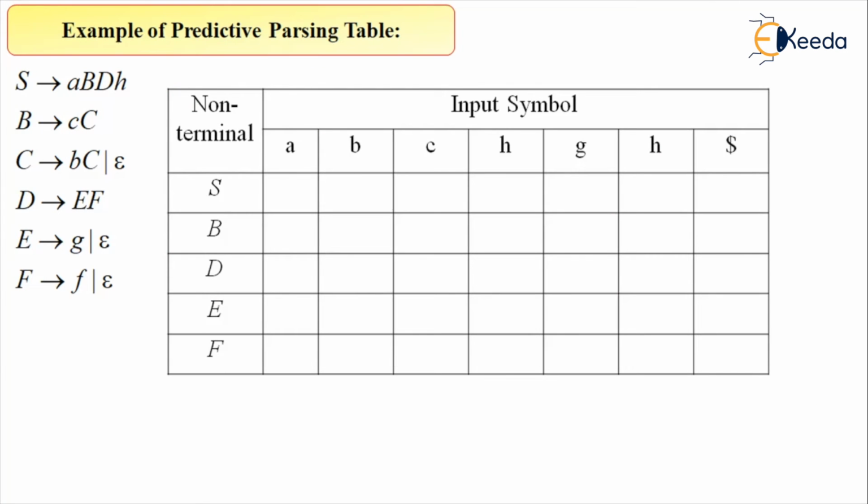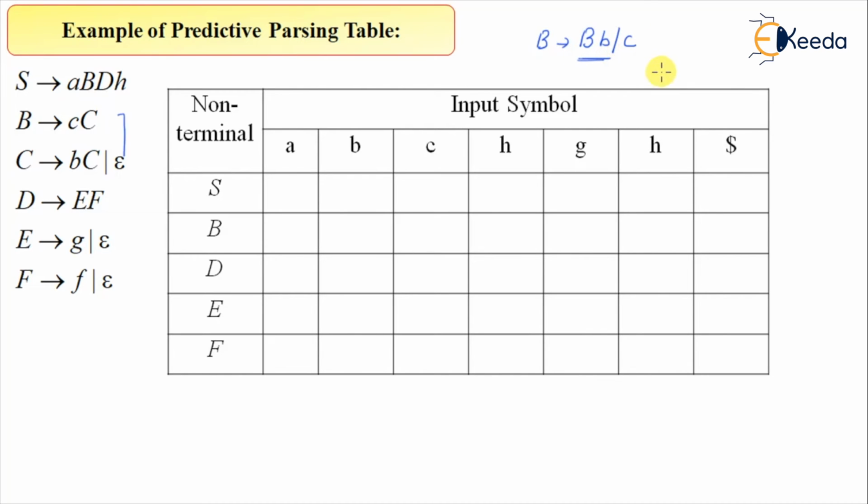This is the next example that I'm discussing for computation of a predictive parsing table, and this grammar has left recursion. We have already calculated First and Follow, but that time the production was something like B derives B and C. What will be the problem with this?